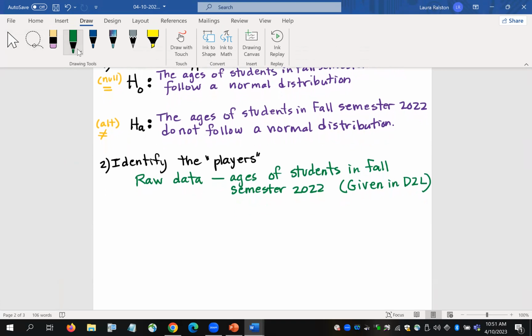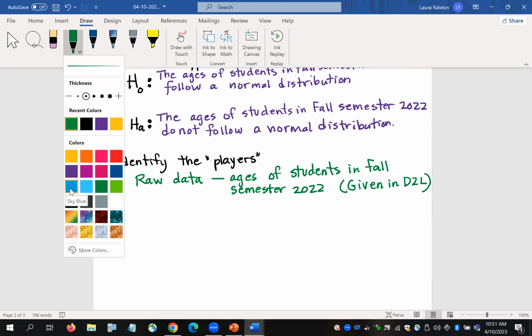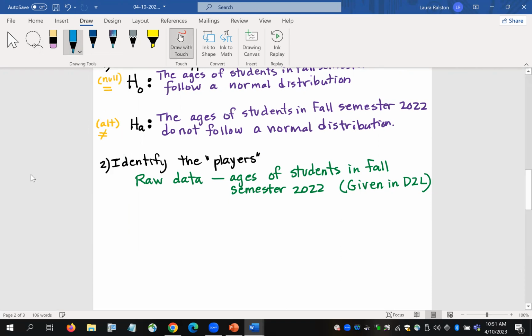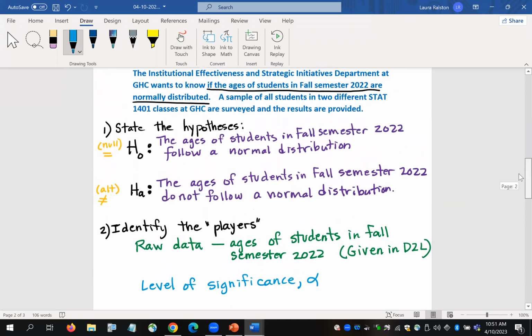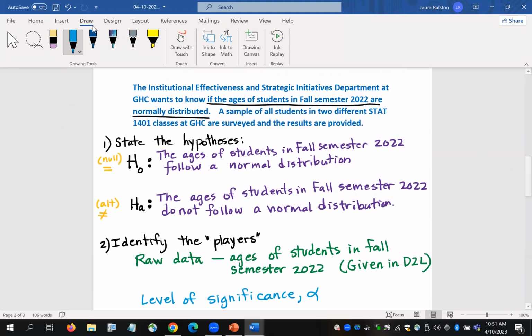Now, the other thing that we need when we are making our decision or working a hypothesis test is the level of significance, which again is represented by alpha. Oftentimes it is stated in the problem.